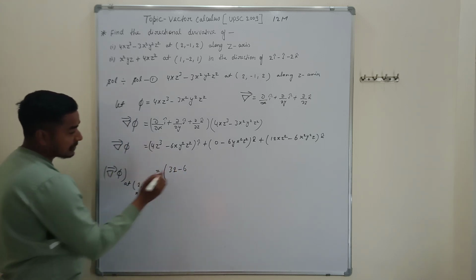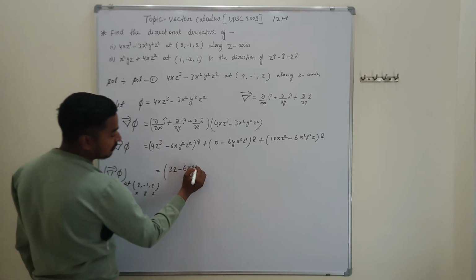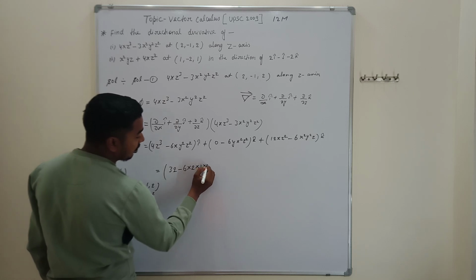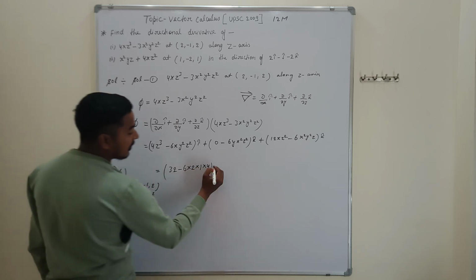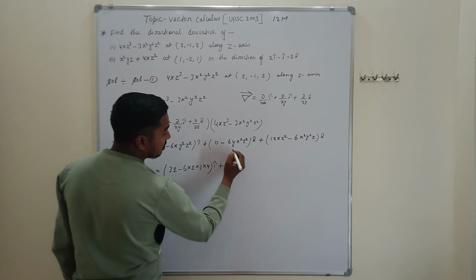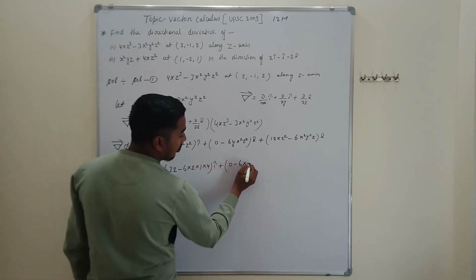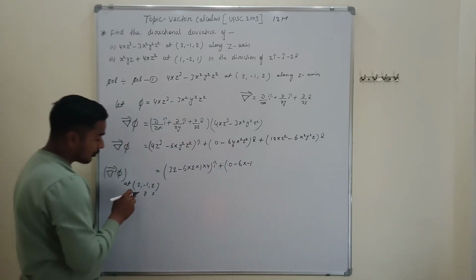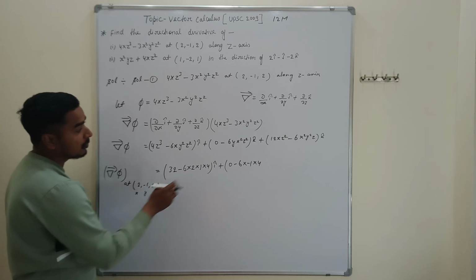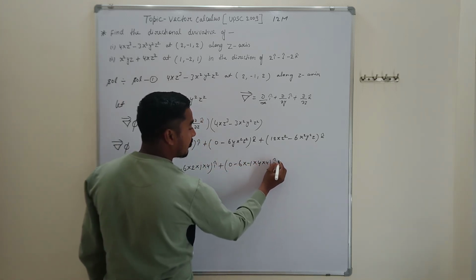Here x is 2 and y is −1, squaring gives 1, and z is 2, squaring gives 4. This is for i cap, plus, for j cap, 0 minus 6, here y is −1, x is 2, squaring gives 4, and z is also 2, squaring gives 4.